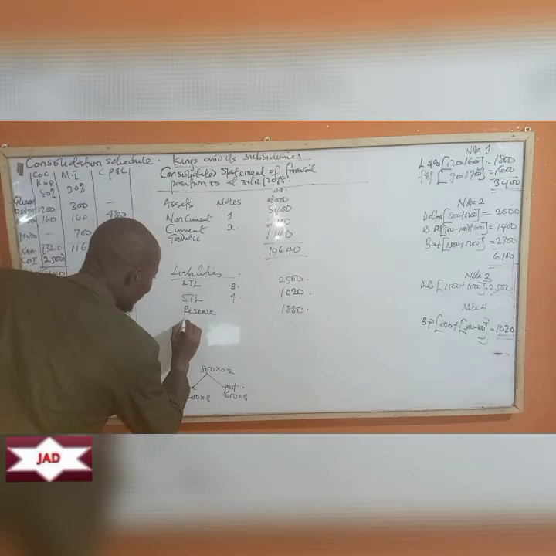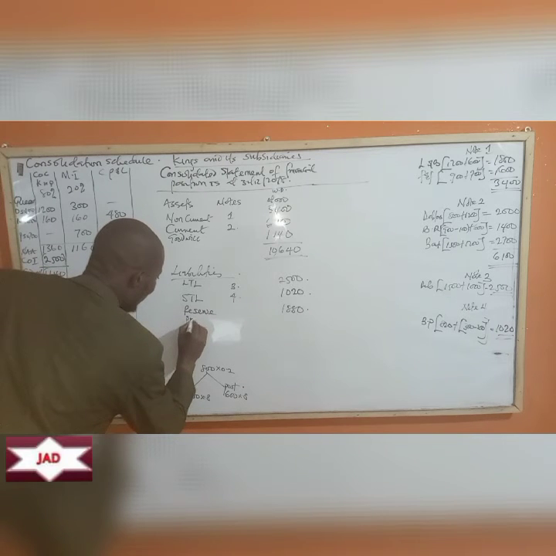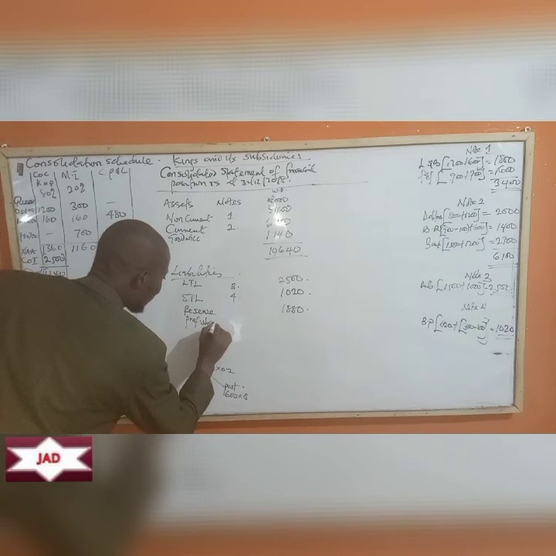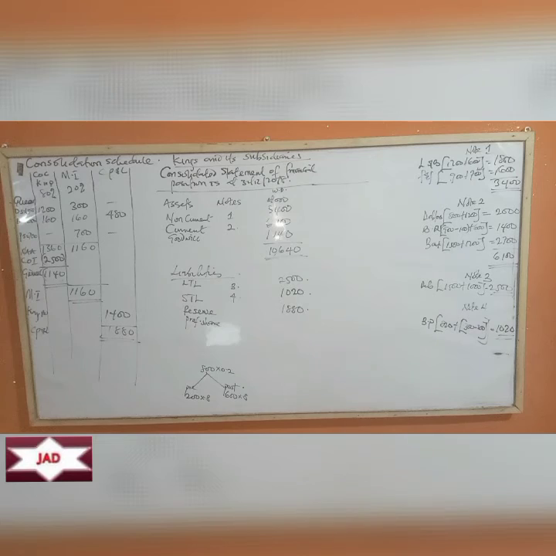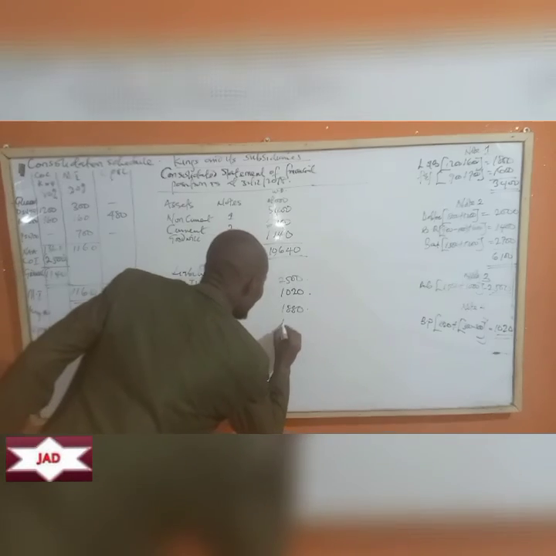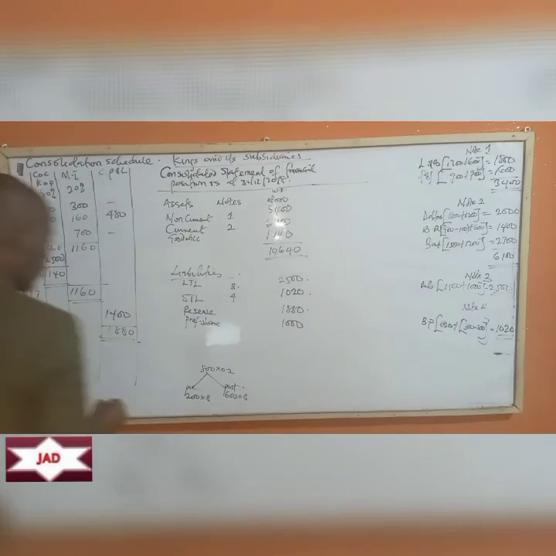What do you have? Preference share. What's the preference share of the holding company? 1,000. So what's the ordinary share?